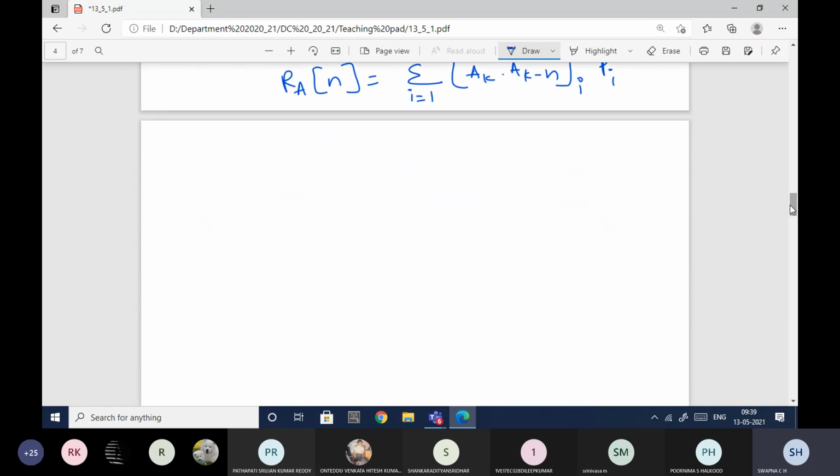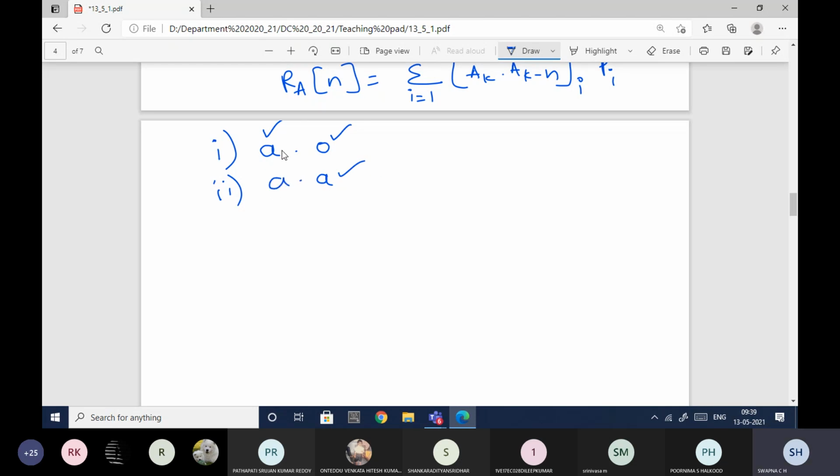So I need to take the possible values. AK may be A, the first product, let me take A. So the second one, I may get a 0 or I may get A, right? Yes or no? Are you understanding? If I fix the first term as A, the second term can be either 0 or A, right?